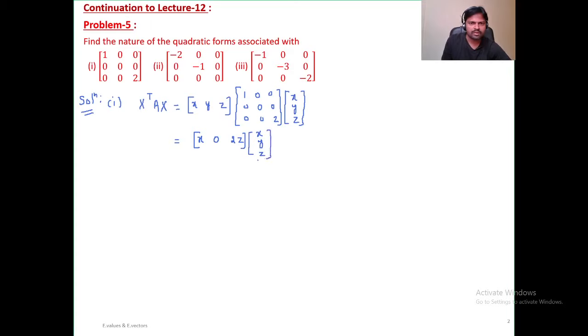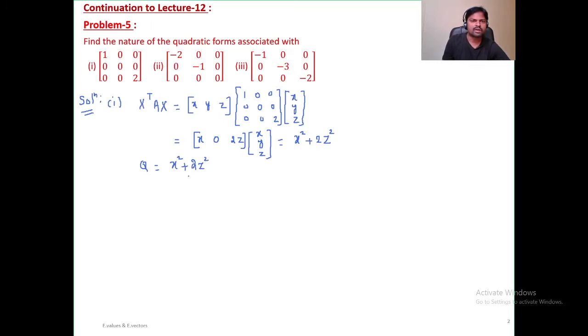Now multiply these two. What does it give? x into x, x square, plus 0 into y is 0, plus 2z square. So therefore the quadratic form Q is x square plus twice z square.